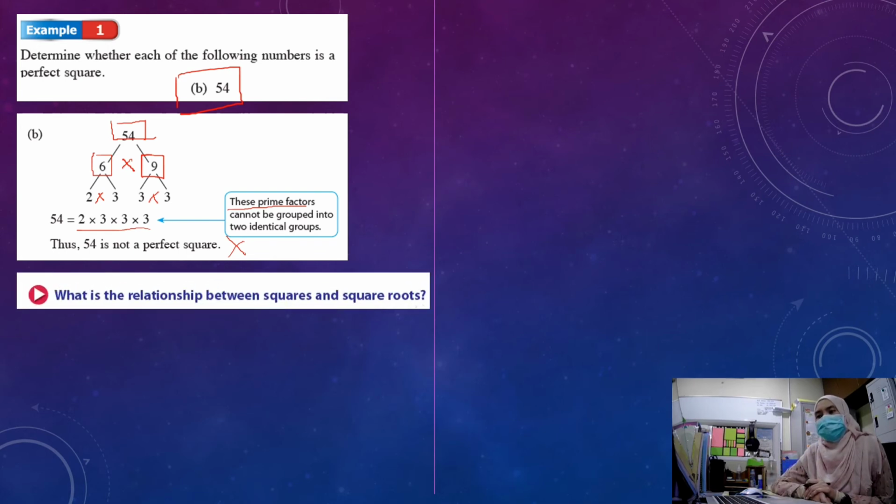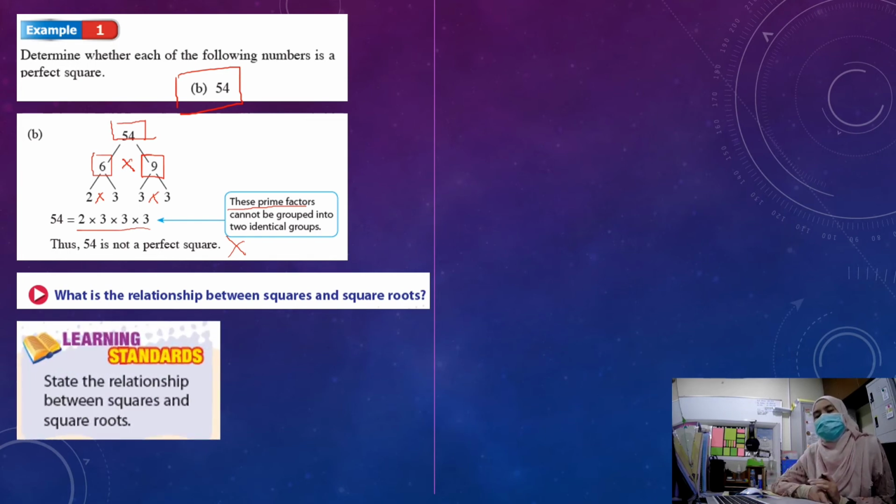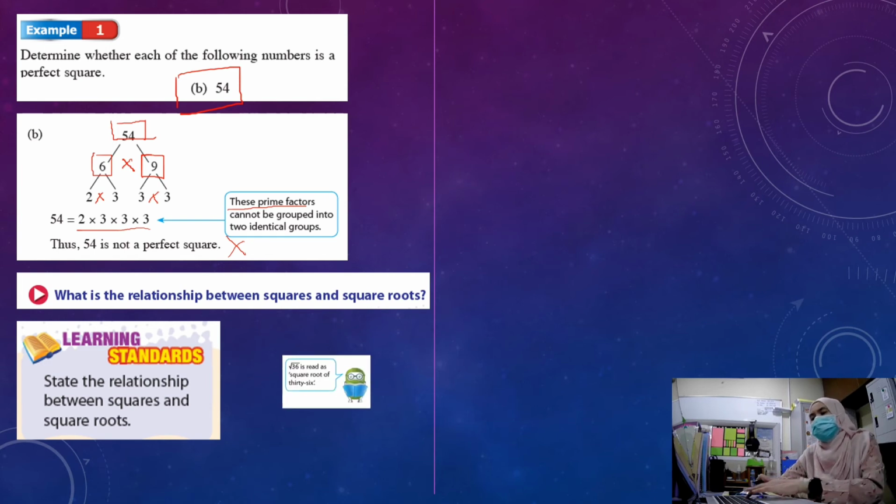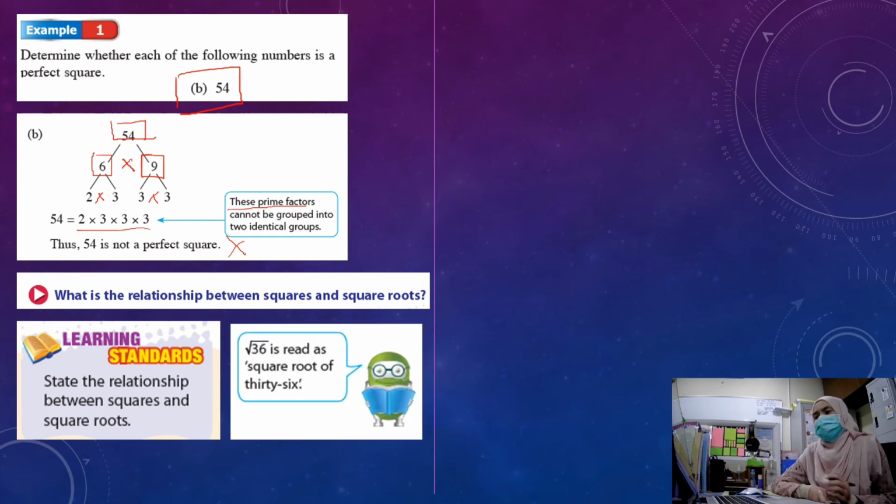Next, what is the relationship between squares and square roots? The learning standard that you need to achieve is to state the relationship between squares and square roots. This one is read as square root of 36.